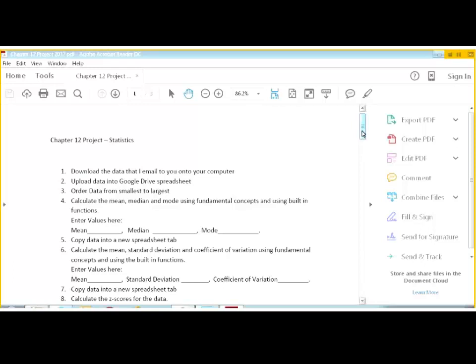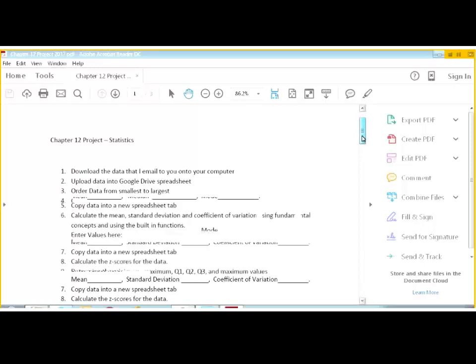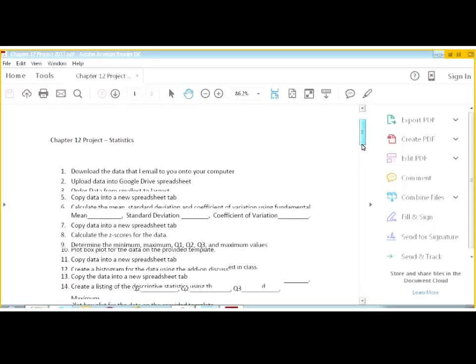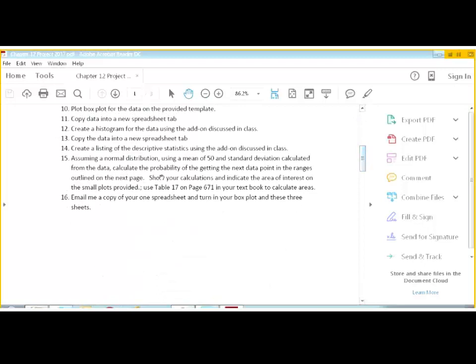I had a student yesterday who did that. She just came to my office and said, hey, I'm having some trouble with the project. I said, are you working on it on the computer in the library? And she said, yes. So I went, and it was easy to fix. I'm not going to work the whole thing for you, of course, but if you get some specific problems, I'm happy to help.